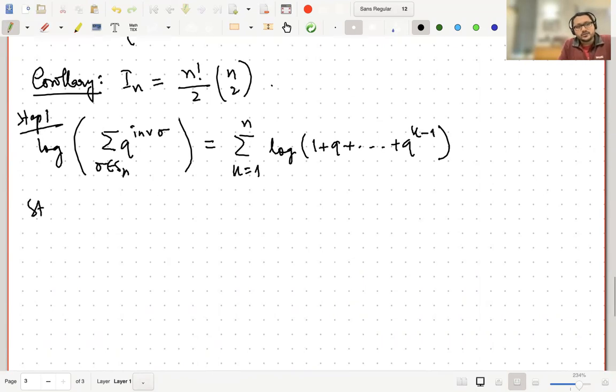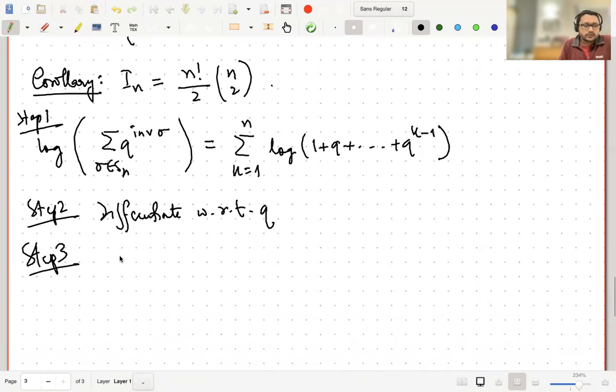So now step 2 would be to differentiate with respect to q, and you'll get some quantity. Then step 3 finally would be to set q equal to 1, and then you are going to get something like this.